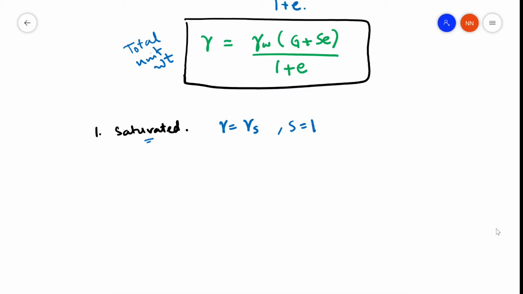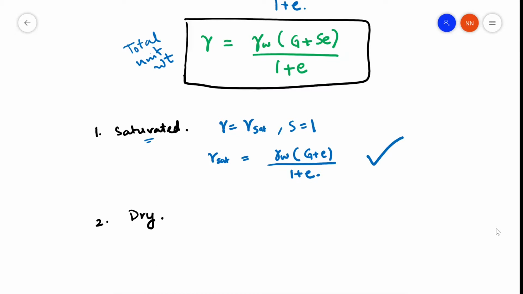So this expression will become gamma saturated equals gamma W times G plus SE, and now S is 1, so G plus E over 1 plus E. Very important again.